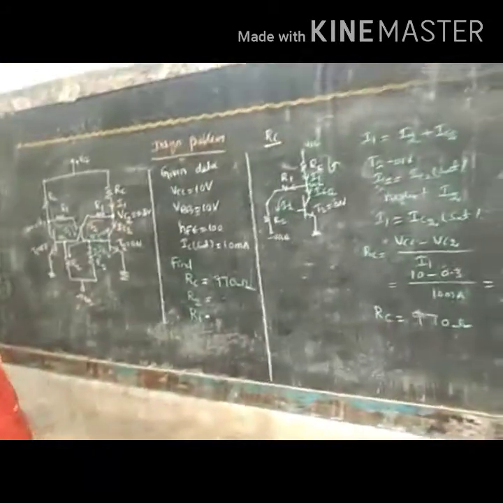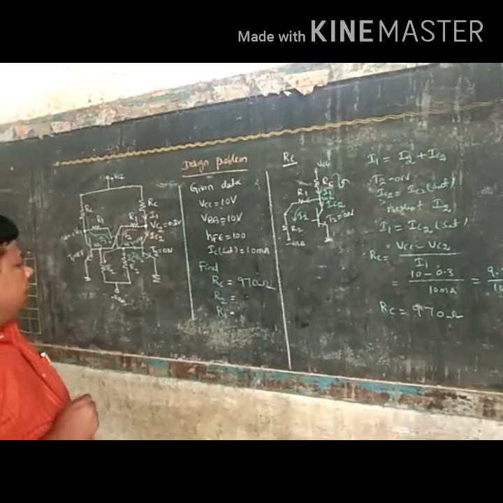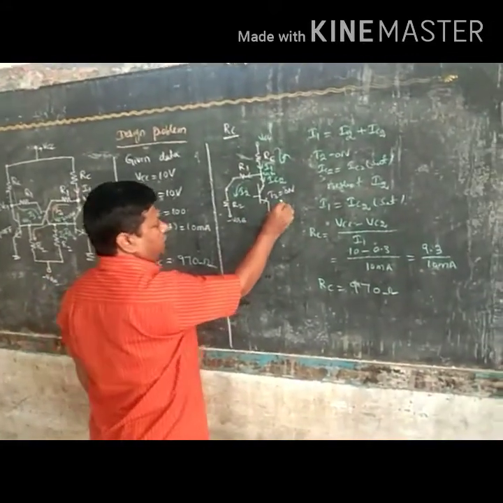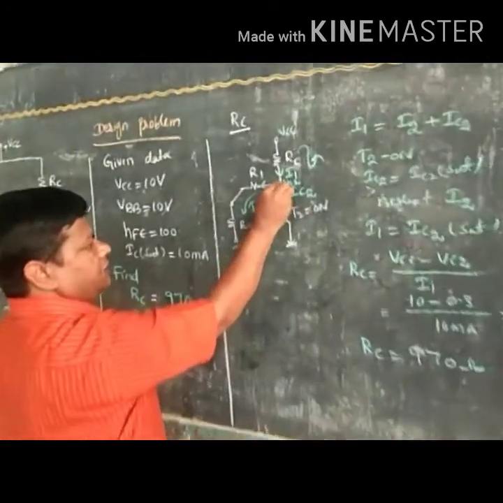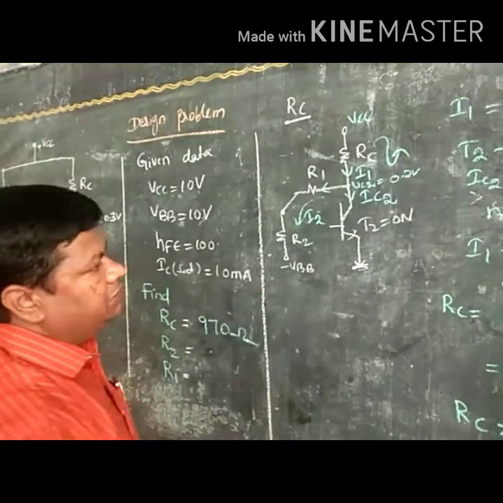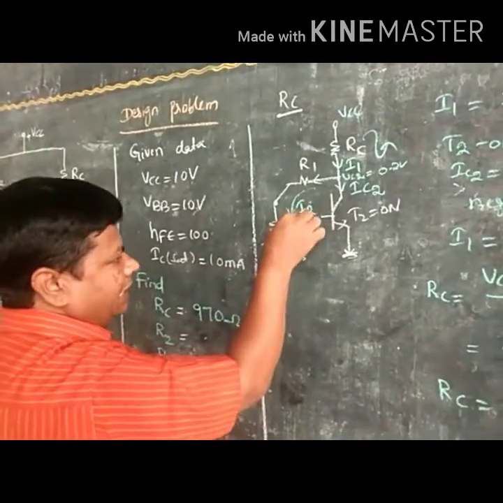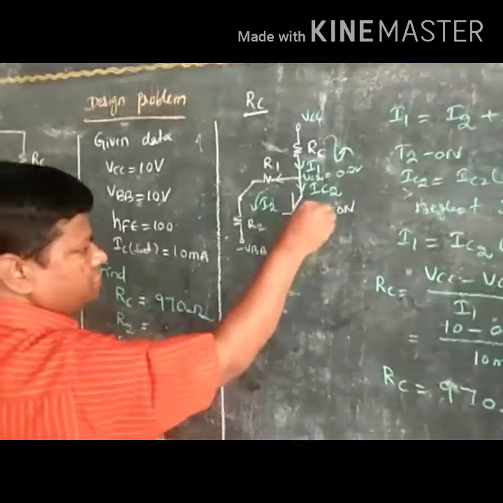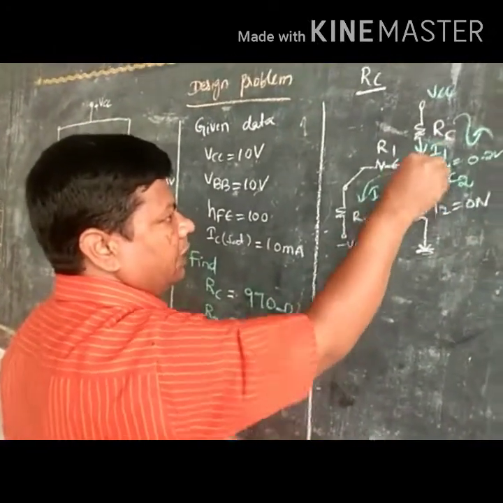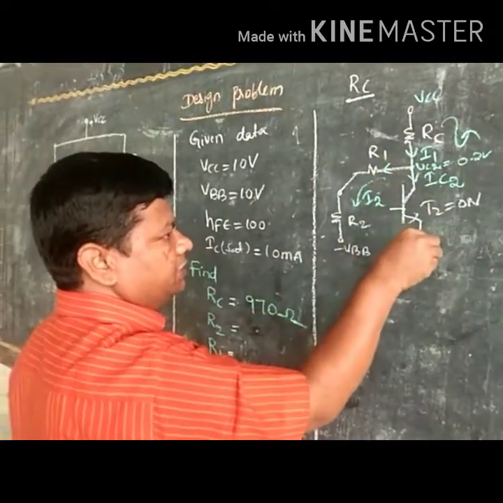This is the procedure. First calculate the collector resistor RC. Once again, let us assume T2 is on. Whenever T2 is on, its collector voltage VC2 is equal to 0.3 volts. Neglect the I2 current, because with T2 on it offers a very low resistance path and maximum current flows in this direction.